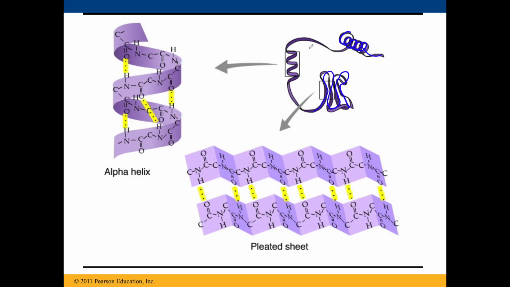Now something needs to hold it into these shapes. What holds it into those shapes is hydrogen bonds. And the hydrogen bonds are between the amino and the carboxyl groups of the amino acids. Okay, so that's secondary structure.